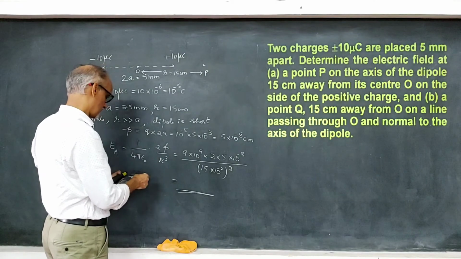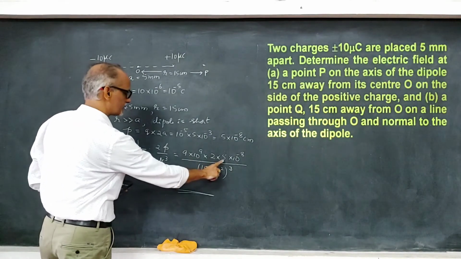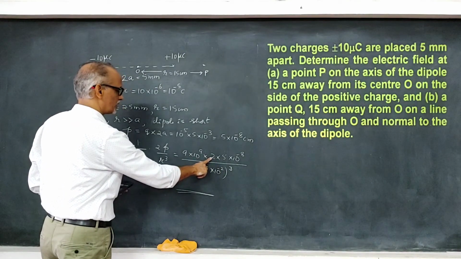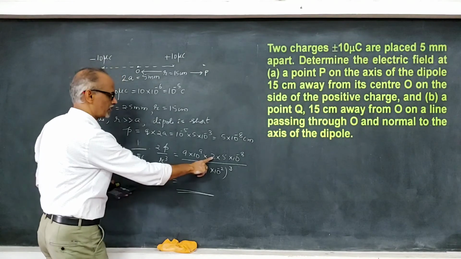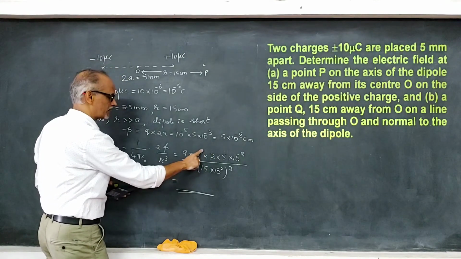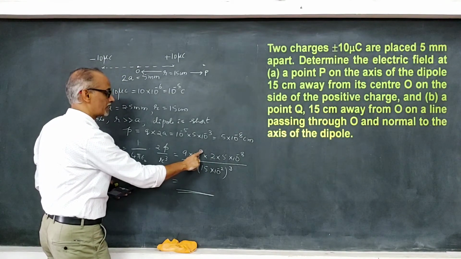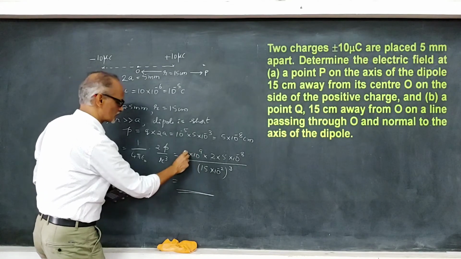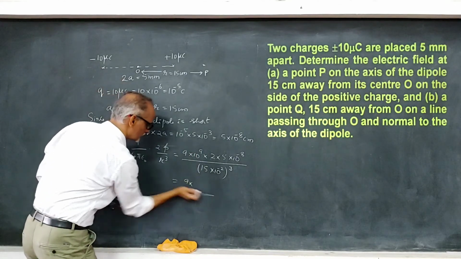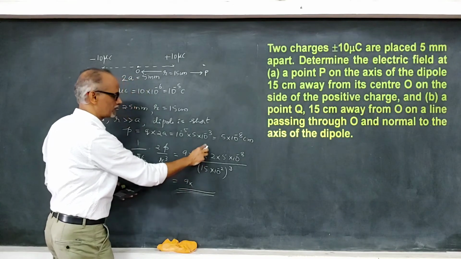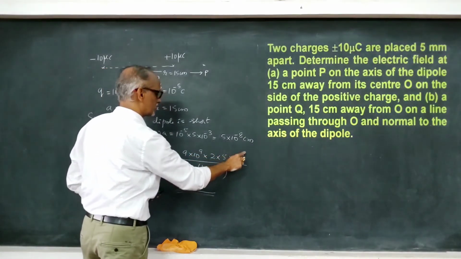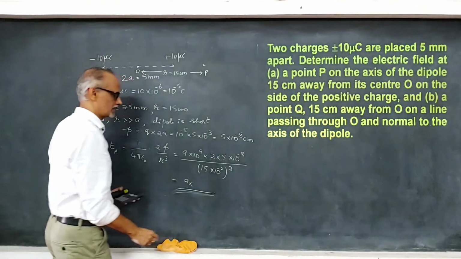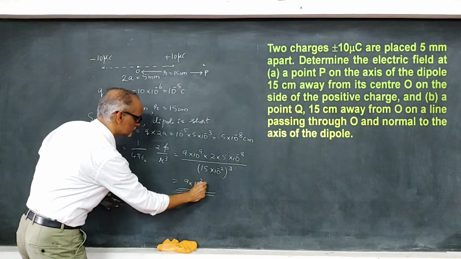So first, we have 5 into 2, that is 10, 10 to the power 1 here, and 9 into 10 to the power 9 becomes 9 into 10 to the power 10. 10 to the power minus 8 here will give you 10 to the power 2.